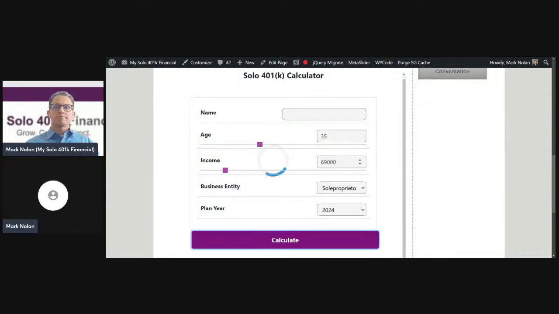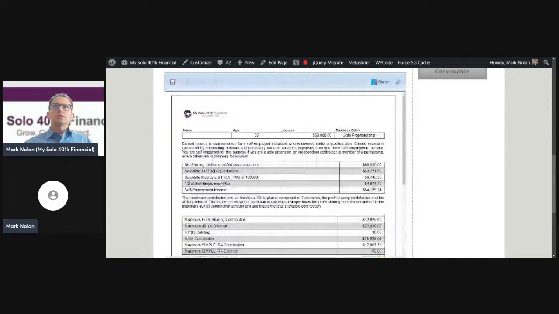So $69,000 is what we entered as line 31 of that Schedule C. You have to subtract 1/2 of self-employment income tax from the $69,000 figure. So after you subtract that $4,874, that leaves you with $64,125 and some change.